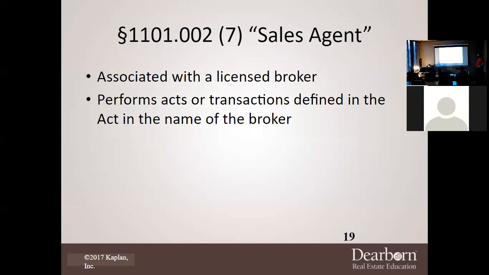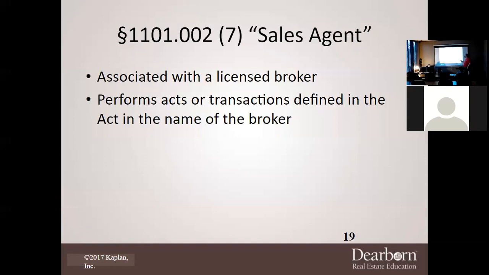Does that make sense? Can this person have a principal agency relationship without a broker? No. Travis, what is this broker thing he's talking about?